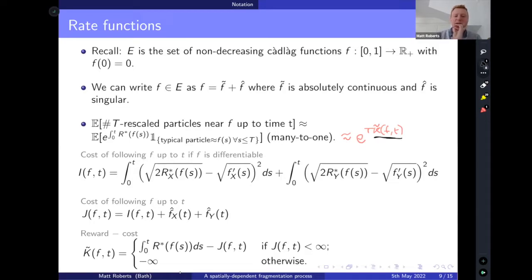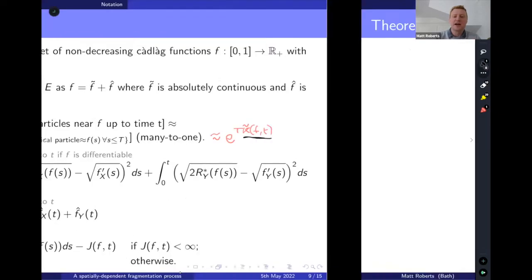So this expectation is extremely small, and the probability that there exist any particles following near f up to time t is very small. And if there aren't any particles up to time t, then there won't be any particles up to any time later than t. So certainly time 1. Okay, so k tilde is not quite the right thing to look at.